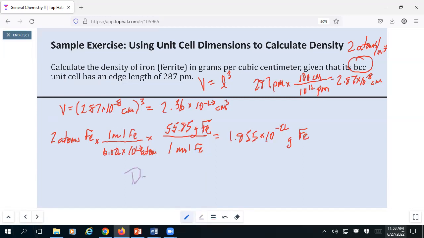So our density is going to be that 1.855 times 10 to the negative 22nd grams divided by the volume, 2.36 times 10 to the negative 23rd cubic centimeters.